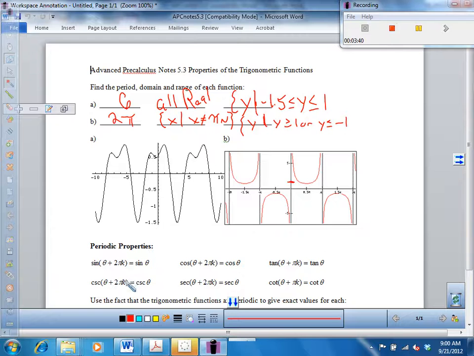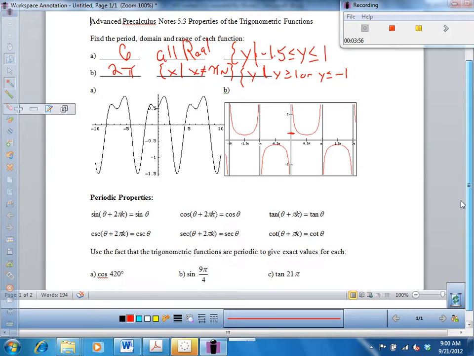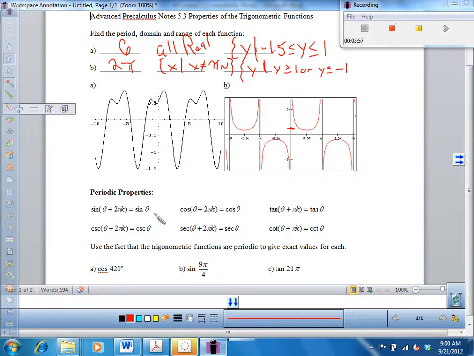The only reason they have all these here is to talk about how trig functions repeat themselves. They are periodic. Sine, cosine, tangent, cotangent, secant, and cosecant all repeat themselves.